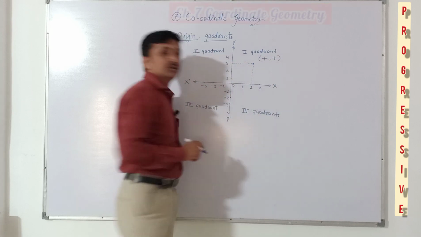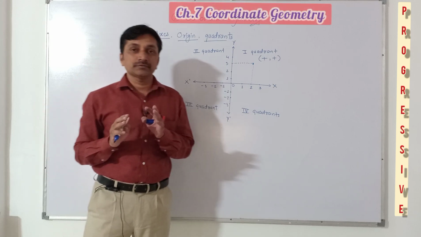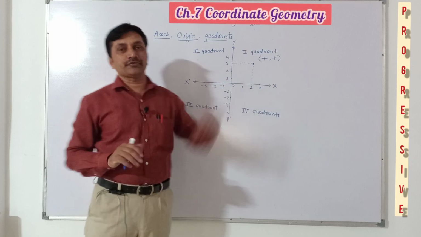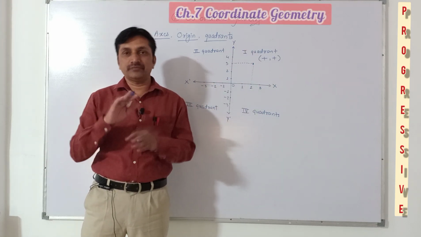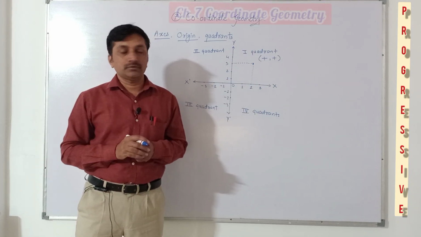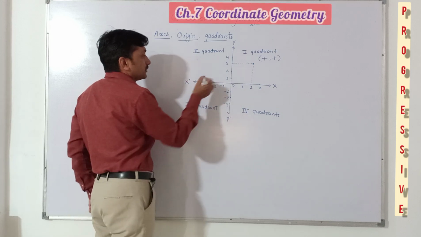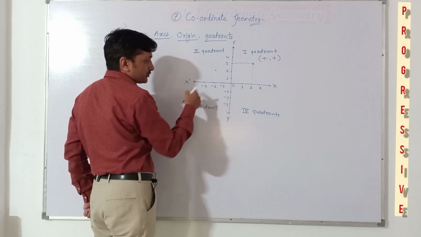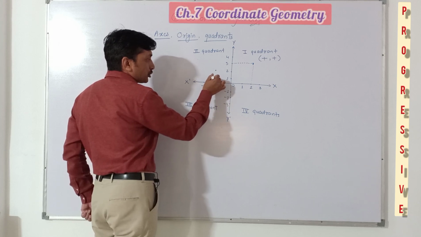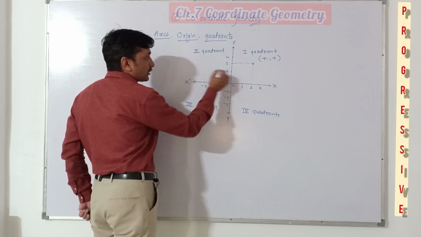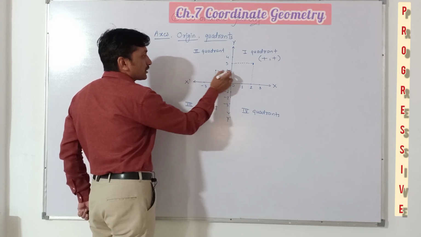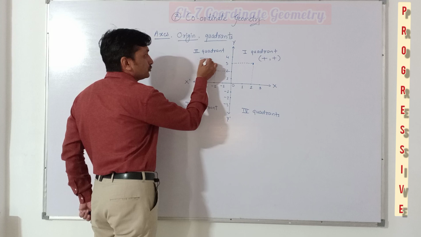Or we can say, if a point having both positive coordinates, it lies in first quadrant. Now here, if I want this point here, let's see what is x coordinate first. X coordinate is here and y coordinate is here. Now x coordinate is negative and y coordinate is positive.